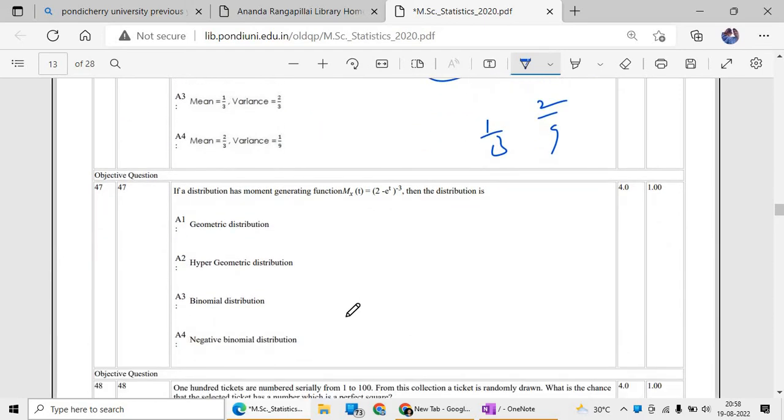If the distribution has the moment generating function Mx of t equal to 2 minus e power t whole power minus 3, then it is not binomial. It is a geometric MGF, not hypergeometric.